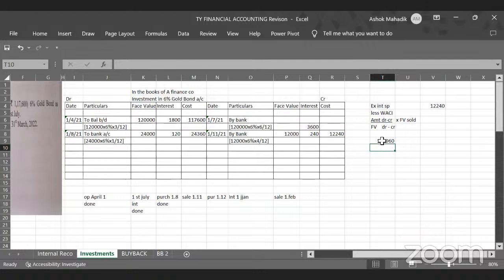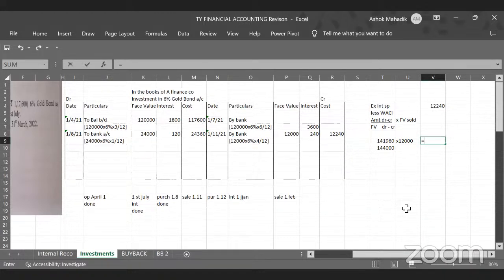Upon face value debit minus credit. Face value debit is 120 plus 24, 144,000. Into face value sold. Face value sold is how much? 12,000. This way you will get the cost of the investment which is sold.